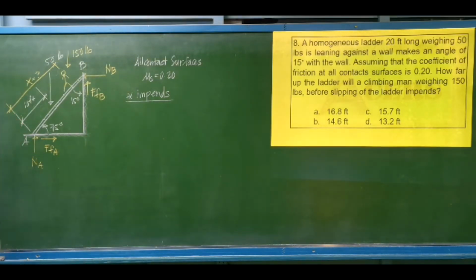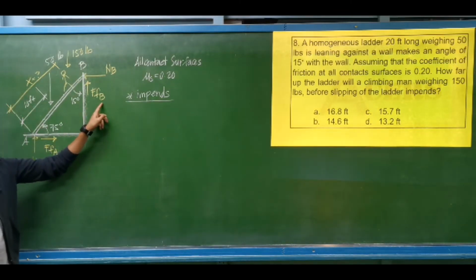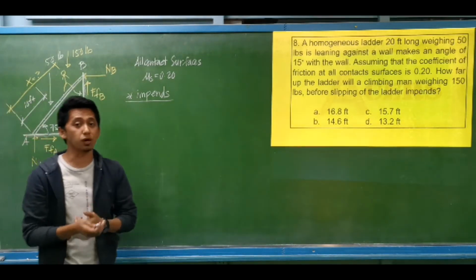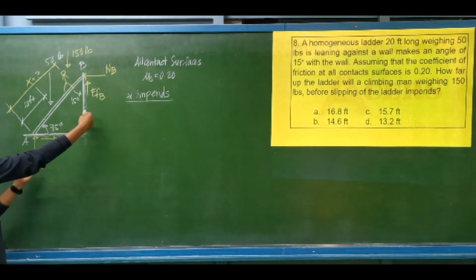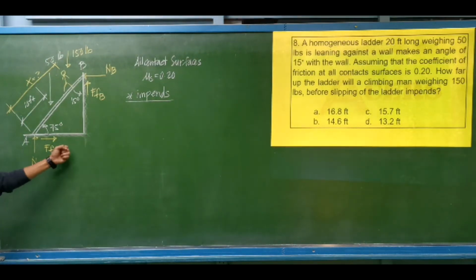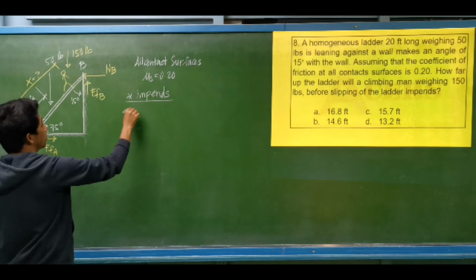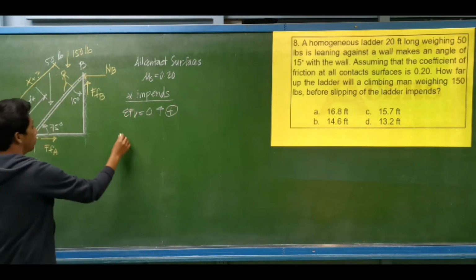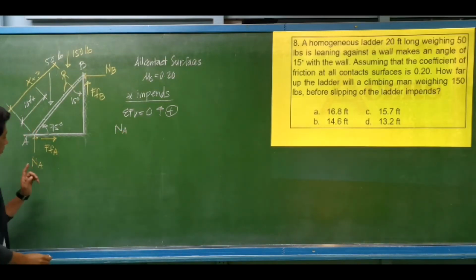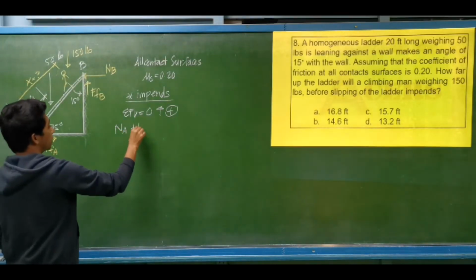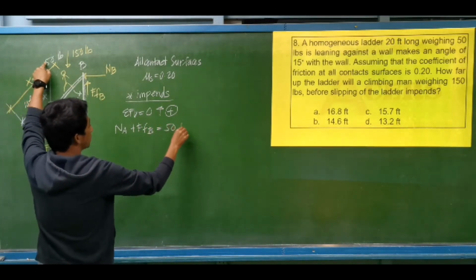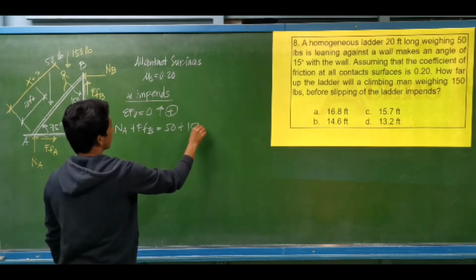So how do we compute for this value of x? I think we first need to determine the value of the frictional force and normal force at B. Let us use the three equations of equilibrium. After establishing our force directions and support reactions, summation of vertical forces equals 0, upward forces positive. We have the normal reaction at A plus the frictional force at B equal to the weight of the ladder, 50, plus the weight of the man, 150.